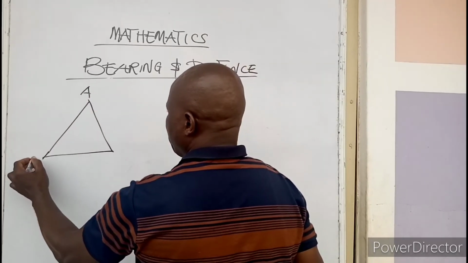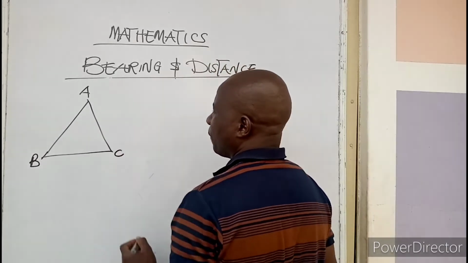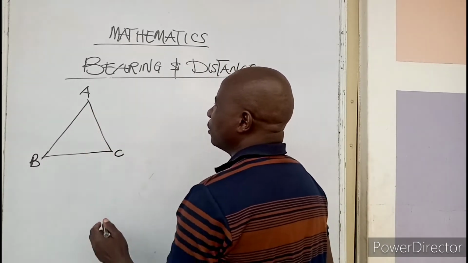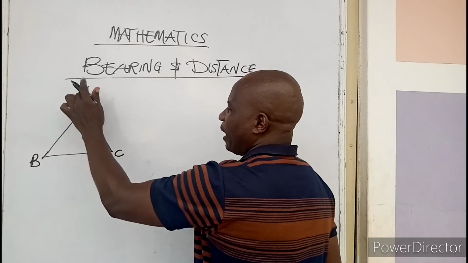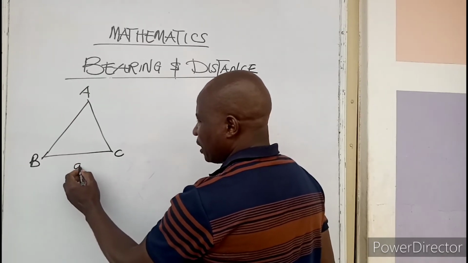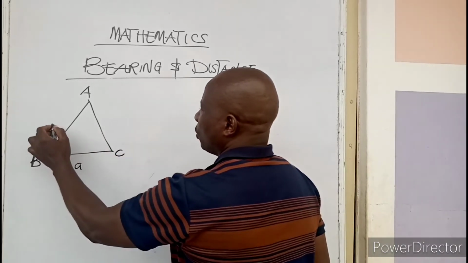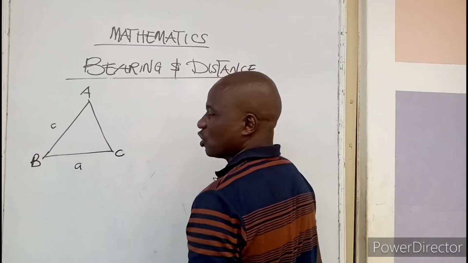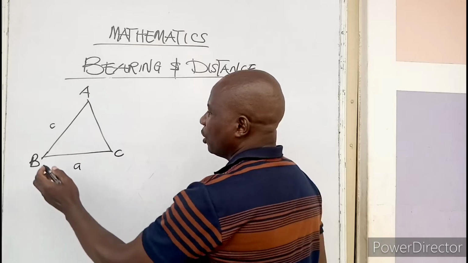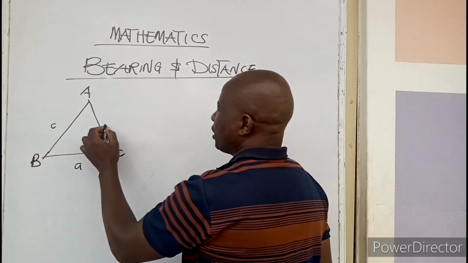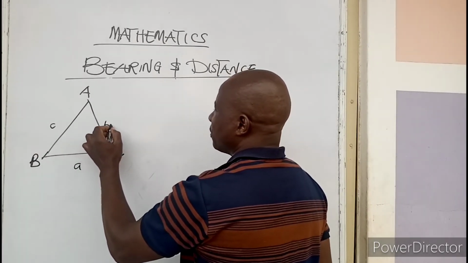A, B, C. Now, in this triangle, this is the angle A. The side opposite it is small letter a. This is angle C, while this side is referred to as small letter c, distance c. This is angle B, and this is going to be the distance b.